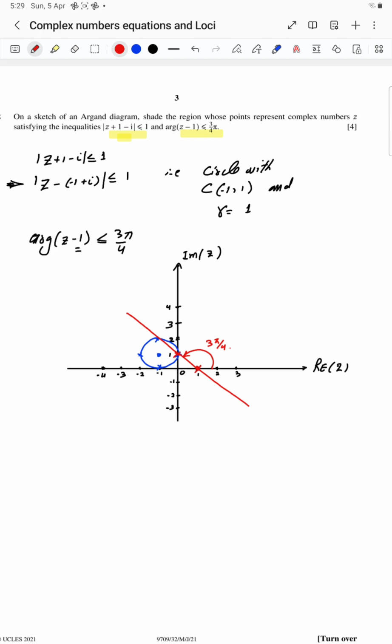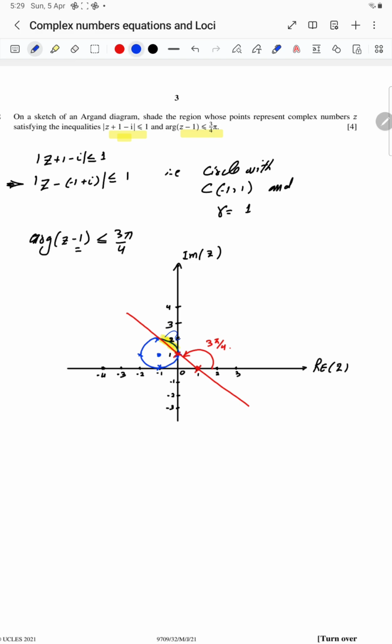At 1 we will have 3π/4, but we need to shade the region less than 3π/4. 3π/4 is here, so I need to shade this one only. Let me get another color, blue.